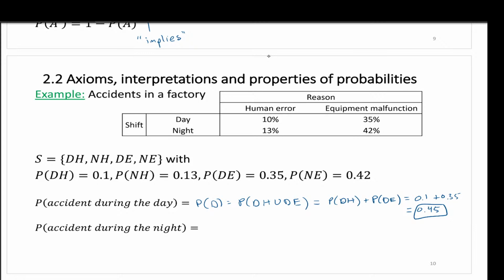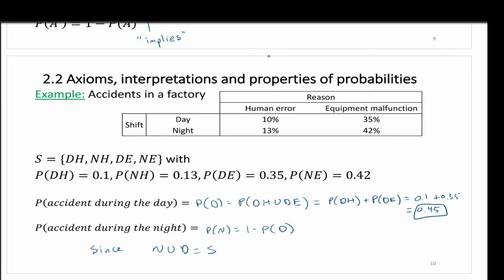And then probability of night is going to be 1 minus probability of day, since night union day equals the sample space. Or it's either night or day. So those are like the only two options.